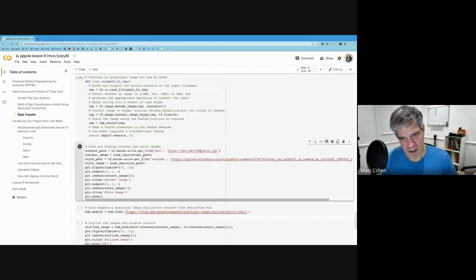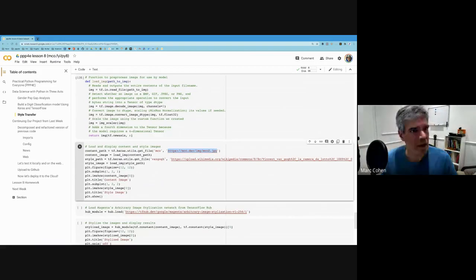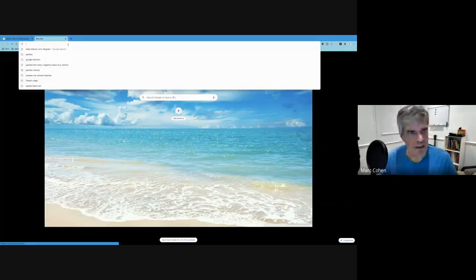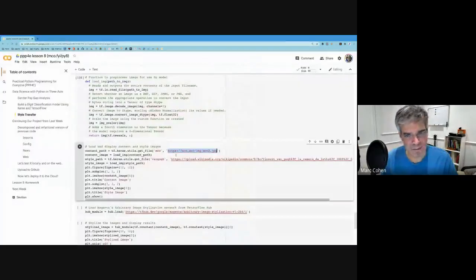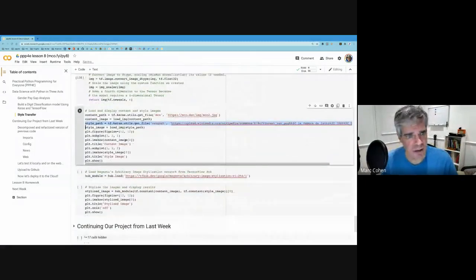It's this URL here, which I can show you is me, way too close up. And then here's another image, which actually I'll just run this code because it's going to display the images inline.